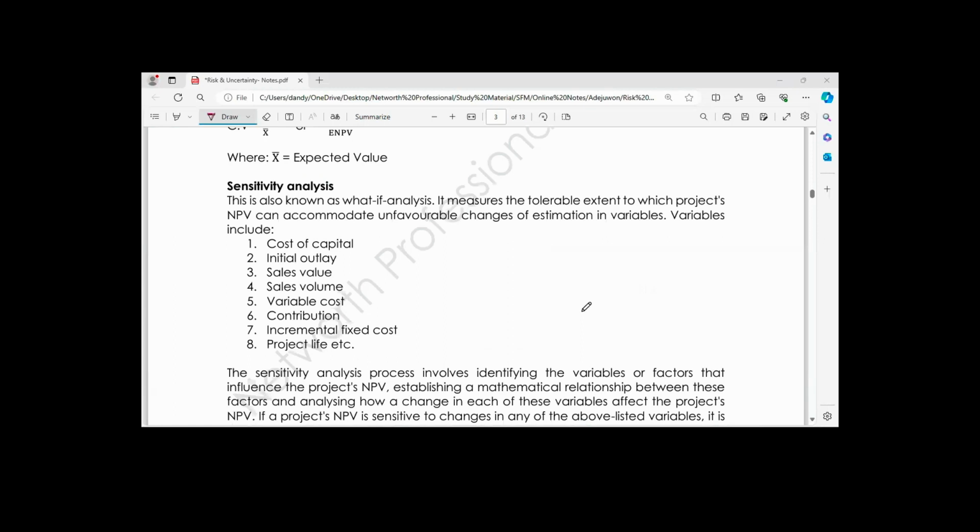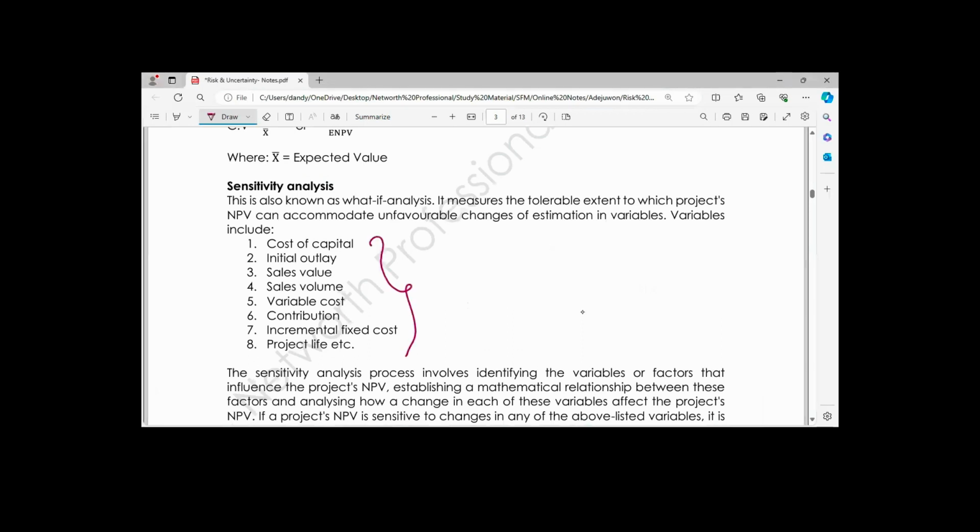So the variables include initial outlay, variable costs, incremental fixed costs, sales value, sales volume, savings, scrap value, cost of capital, or project life. Those are what we call variables, okay?